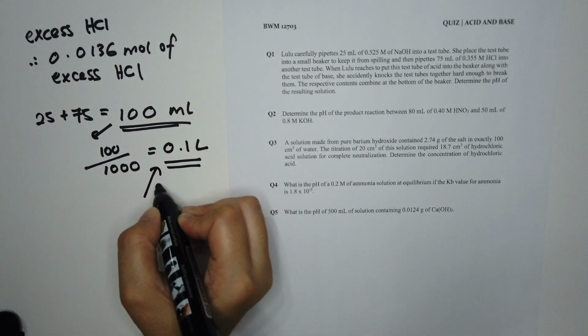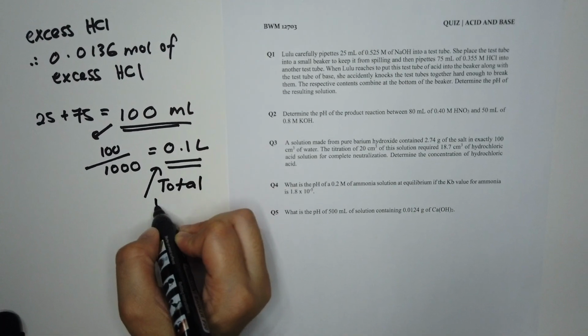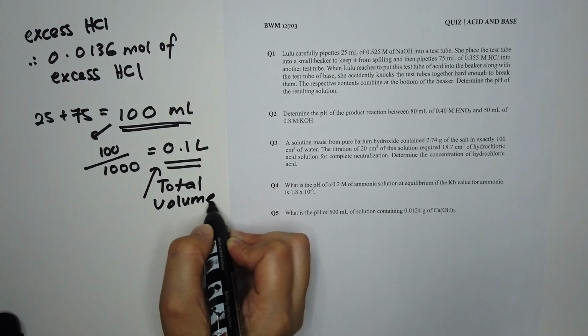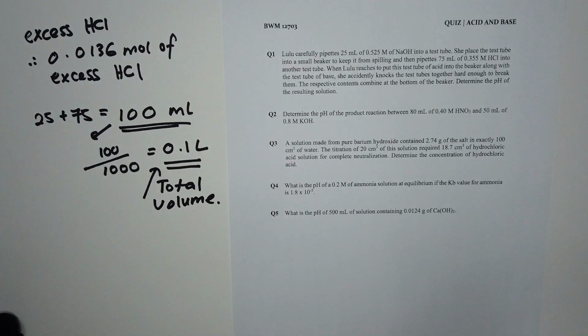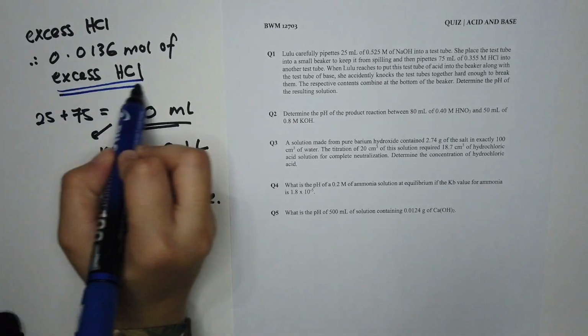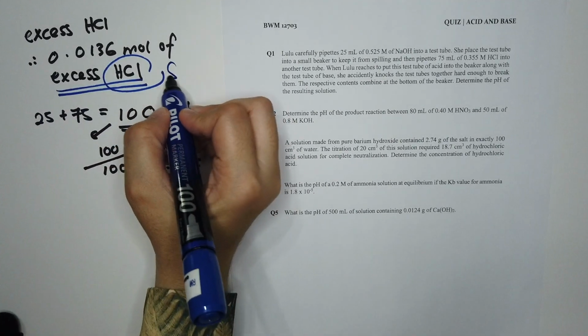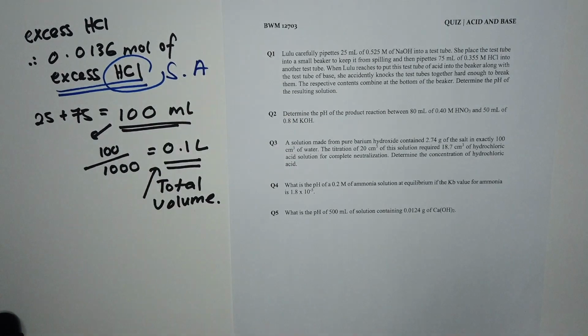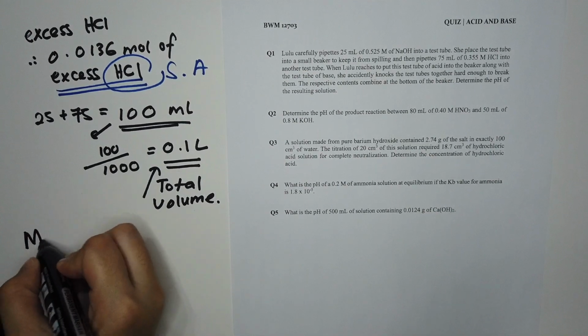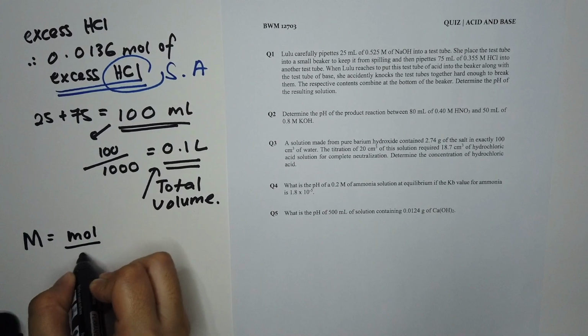Since you know that the HCl is in excess and HCl is a strong acid, the molarity of the acid is equivalent to the concentration of H+. So we need to know the molarity. Molarity is mole over liter.